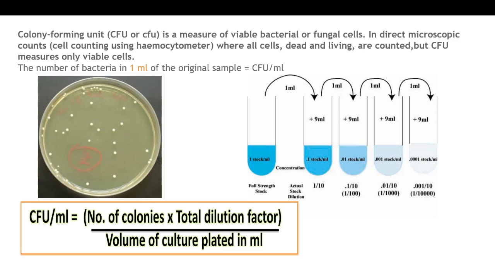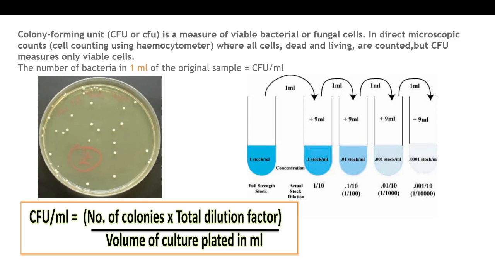From there you can get an idea how many cells are present, whether they are dead or living. For that you can use some kind of dye to detect whether your cells are dead or living, like DAPI staining. But what is important in colony forming unit is that we are concerned only with the cells which are viable, the living cells. We will only count those.